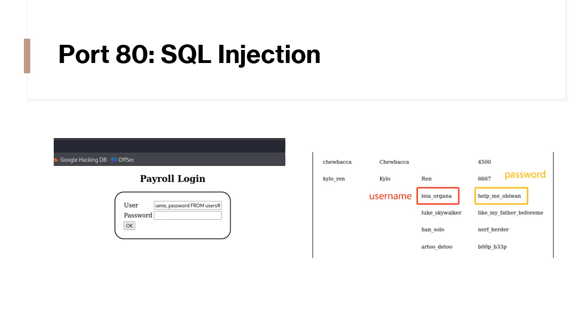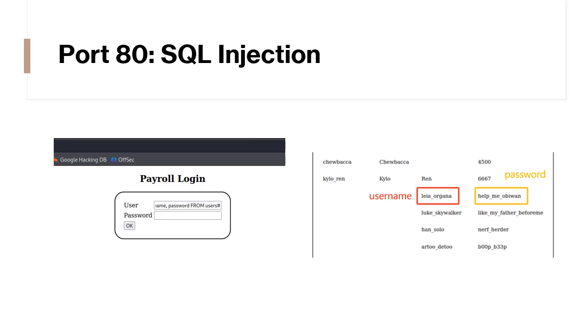In this picture, we can see the two columns are the same as the first SQL injection attack: the first name, last name, as username. But the bottom four columns are username and password.